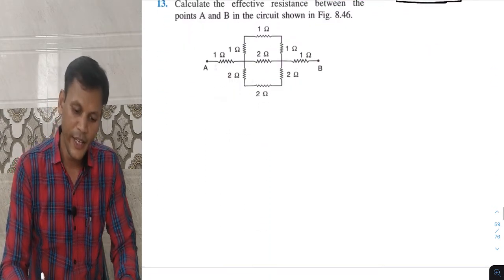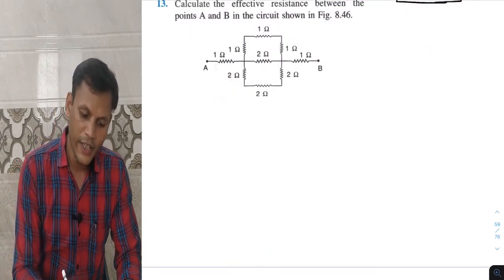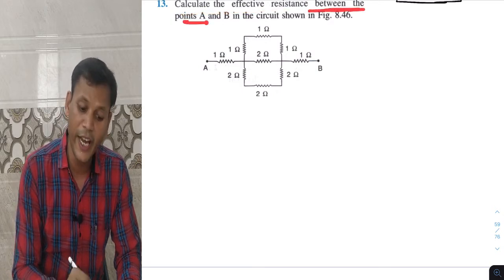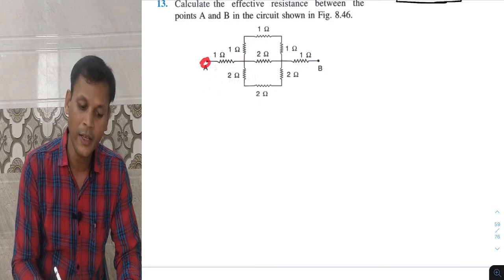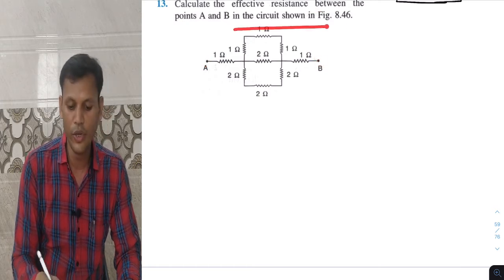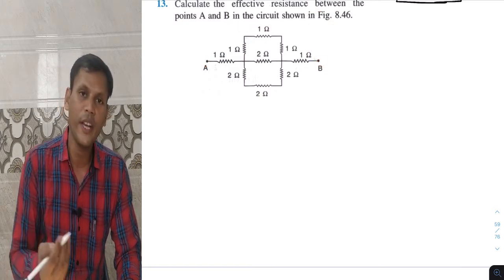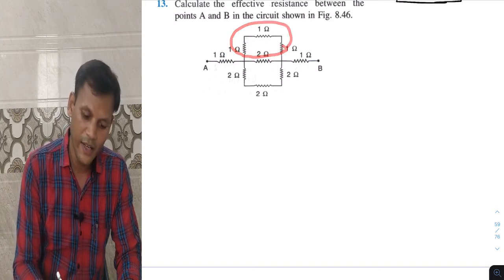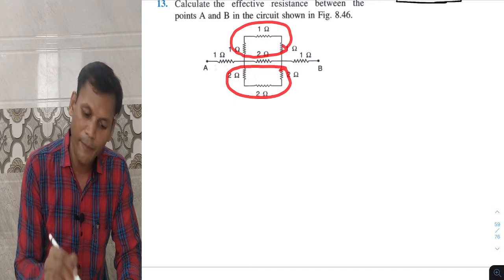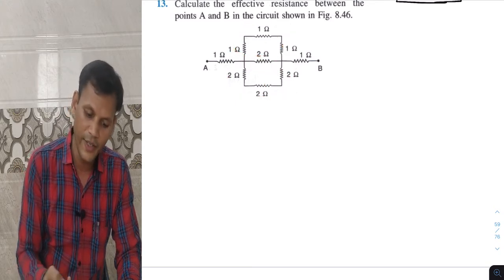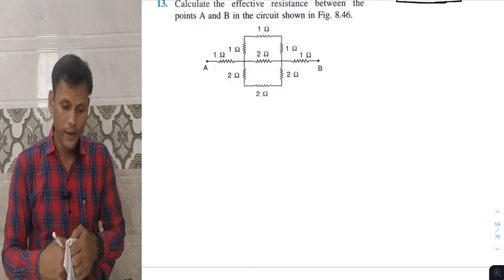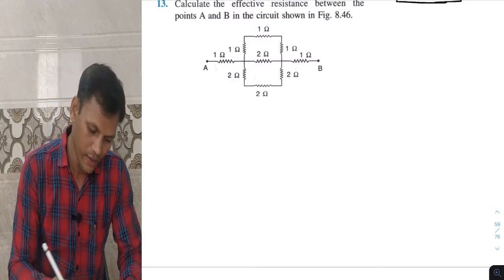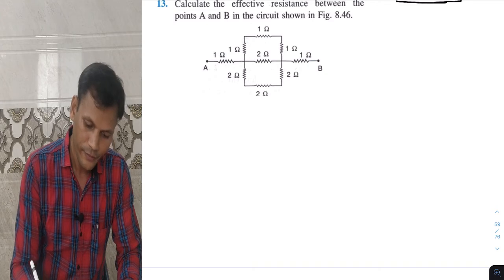Now question number 13. Calculate the effective resistance between the points A and B, in the circuit shown in the diagram. So what we can observe, these three are in series, then all are parallel. So first of all we will write, since 1 ohm resistances, I will break this one, I will not write a lot.